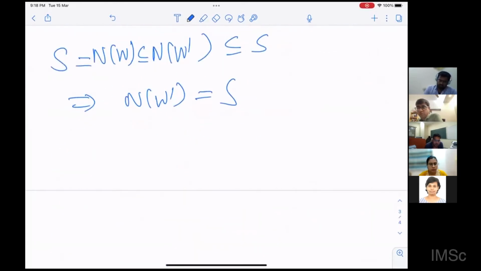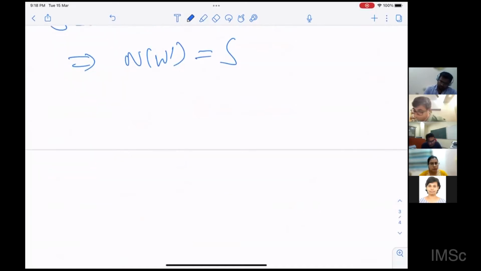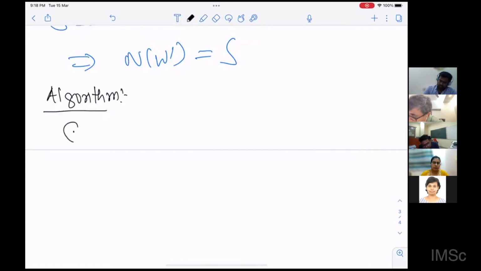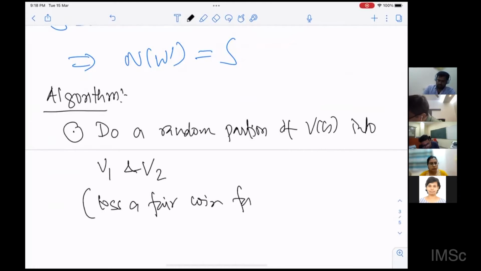And how did we use it for the algorithm? Our algorithm was fairly simple after this. We said: do a random partition of my vertex set G into V1 and V2. What is the meaning of this? Toss a fair coin for each vertex.